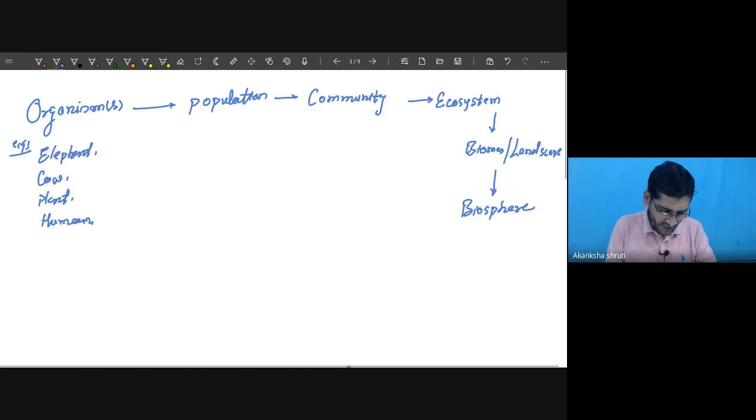The population of each of these can be defined, and in community the population of elephant has to be compared with the population of cow, population of human, population of plant, all these things. It means plant community and animal community, we define that. For example, animal community and plant community.